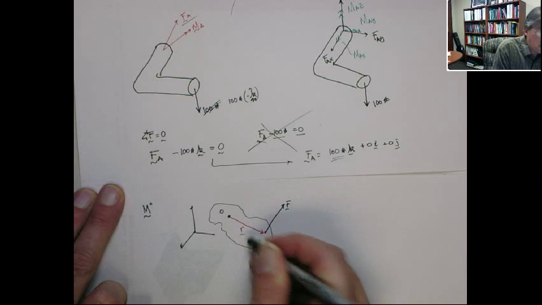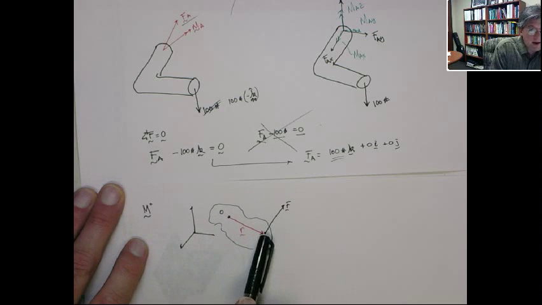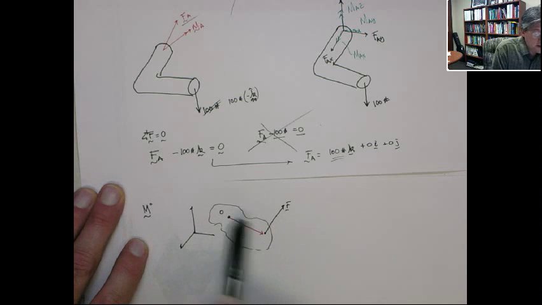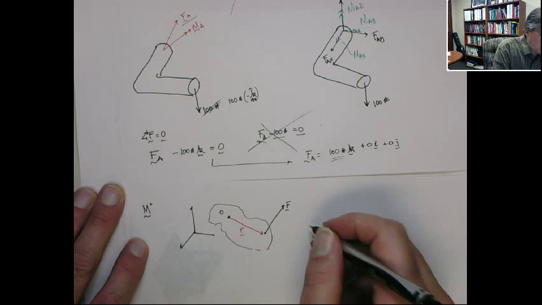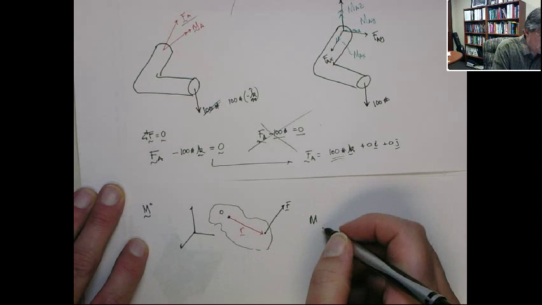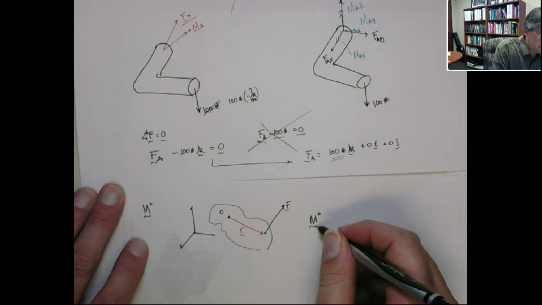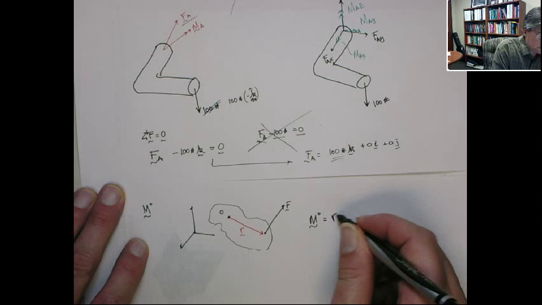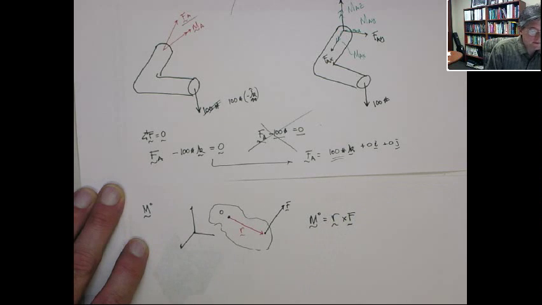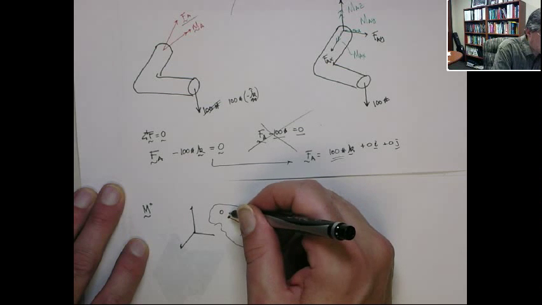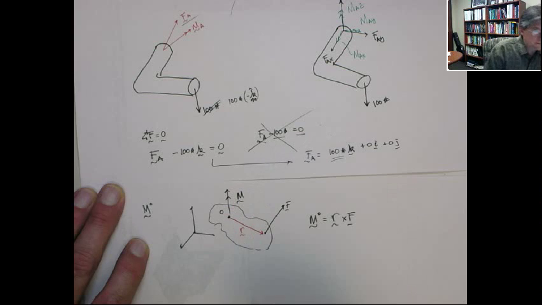This we're going to call R. That's R from O to the point of application of F. It can't go the other way. It has to go from O to the point of application. Now the moment of F about point O, so I put the O up here, is equal to R cross F. And that'll be the moment vector.